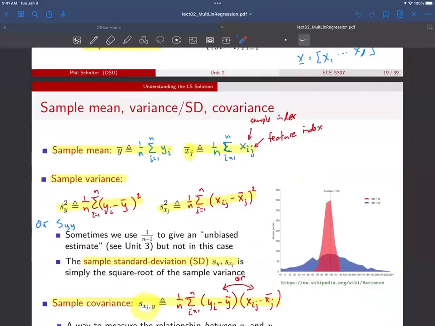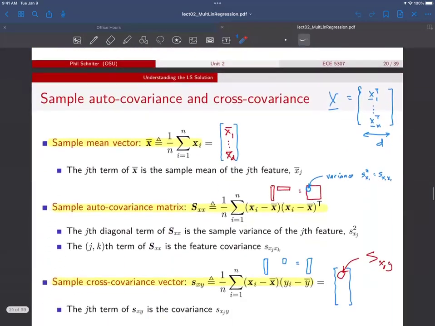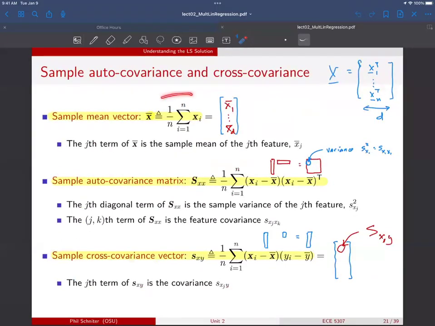The other thing is, in order to do that, we had to talk about sample statistics. So we have the sample mean and the sample variance described for scalar quantities, also the sample covariance for scalars. Then we did the same thing for vectors. We have the sample mean for vectors.